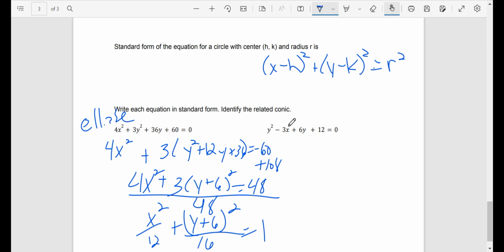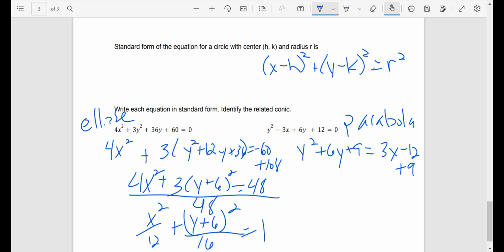Last one, I see a y squared, I don't see an x squared, so that means we have a parabola. That's easy enough, right? You see only one value squared, we've got a parabola. So I'm going to move the x's over and the constant to the other side to help me out. y squared plus 6y equals 3x, excuse me, minus 12 because I moved the other to the other side. 6 divided by 2 squared is 9.